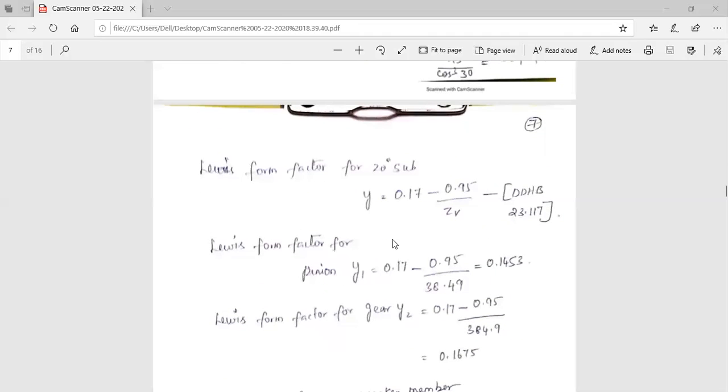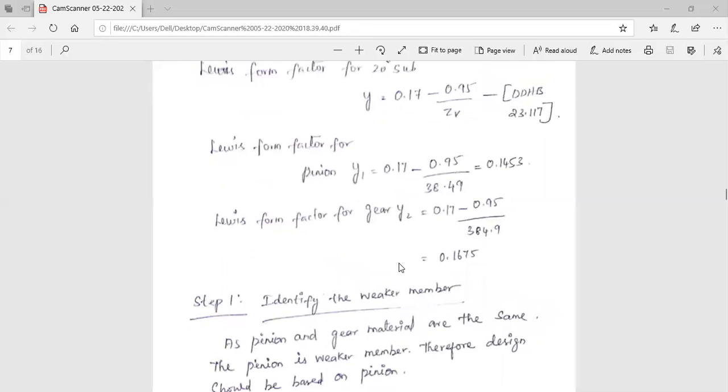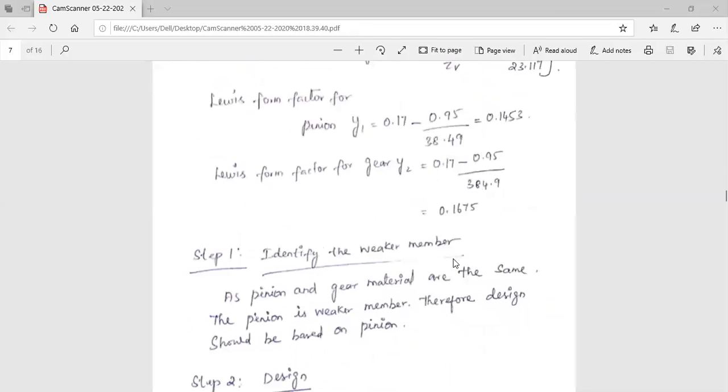We apply ZB1 and ZB2 to get Y1 and Y2, for the pinion and gear. We have to find both because we have to find the weaker member.